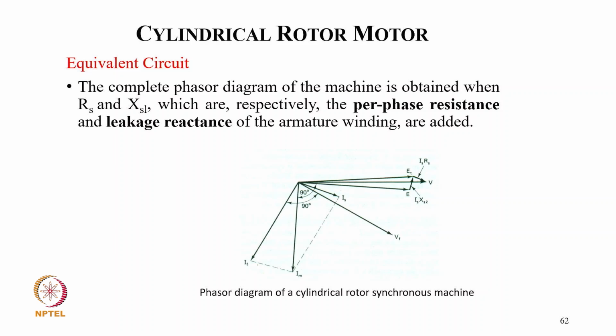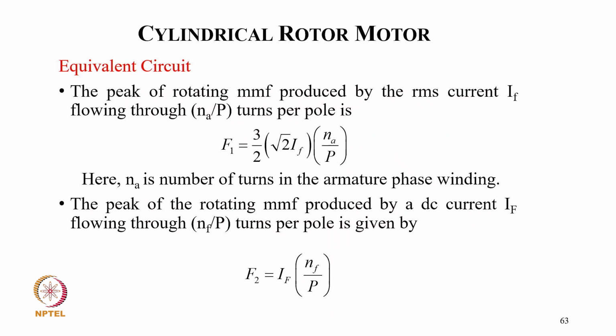So you can clearly see in the phasor diagram the VF, E and ET, the terminal voltage. The peak of the rotating MMF produced by RMS current IF flowing through N upon P turns is F1 equal to 3 by 2 root 2 times IF times N upon P, where N is the number of turns of armature per phase winding.